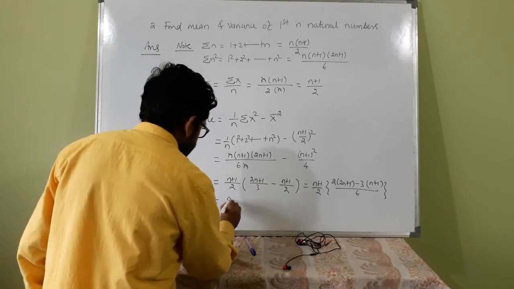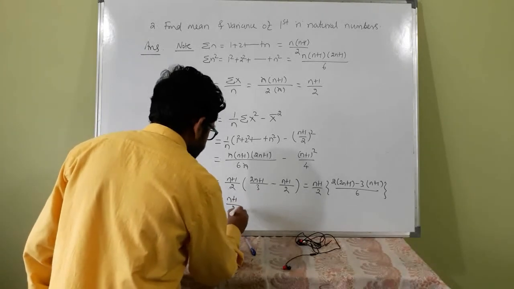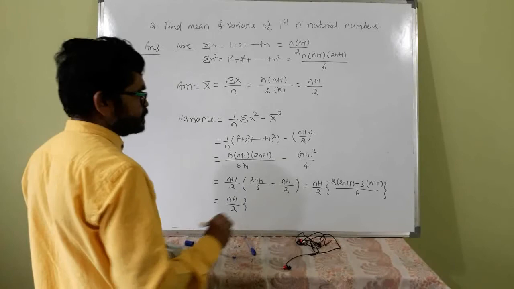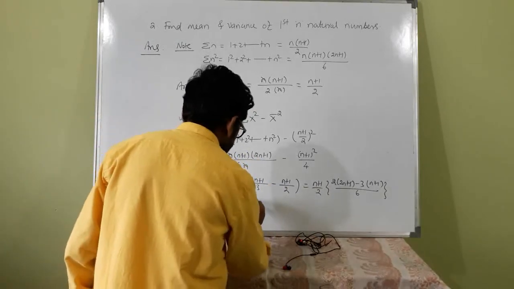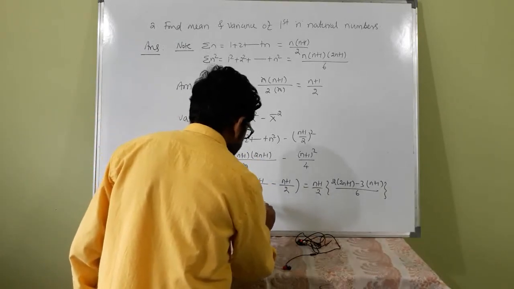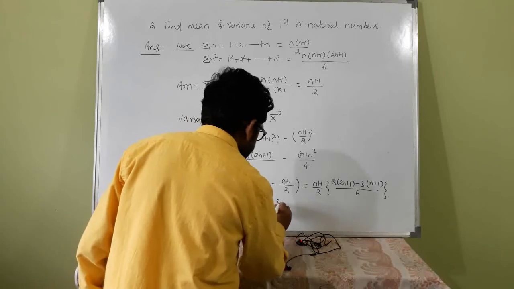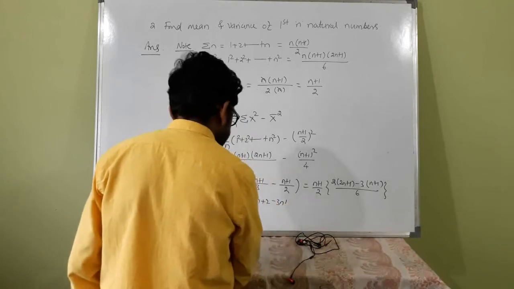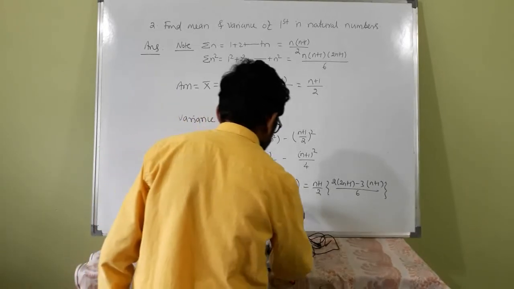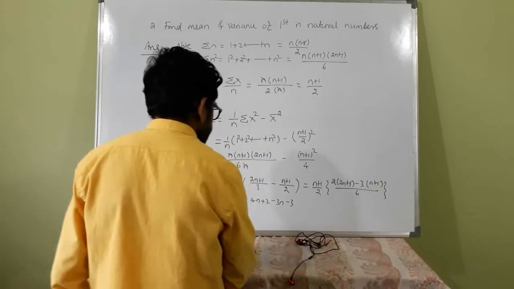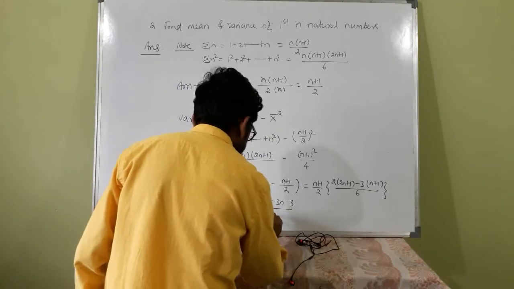N plus 1 divided by 2 into the bracket 4n plus 2 minus 3n minus 3 divided by 6.